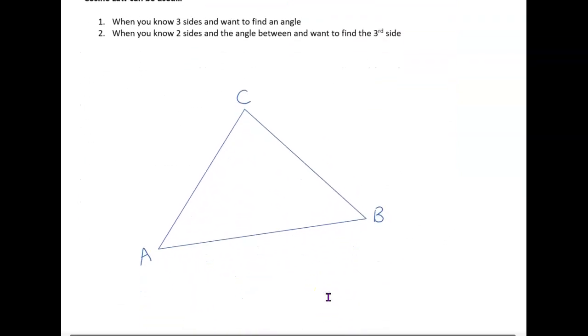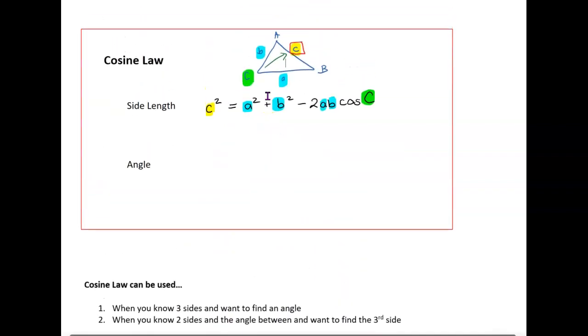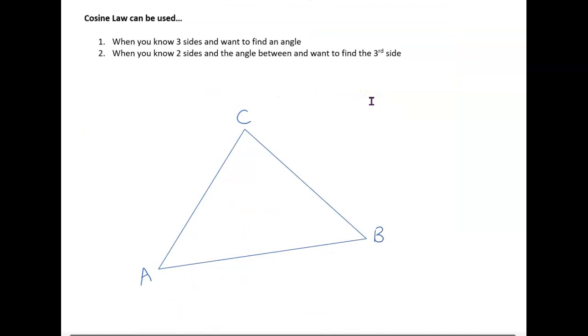So here it is again. I think we are understanding that the lettering that I used here, c squared equals a squared plus b squared minus 2 times a times b times cos of c, it can be rewritten. If in case you wanted to solve for the side length A, for example, and you had the angle A, and you already have the side C and the side B, then that is allowed.